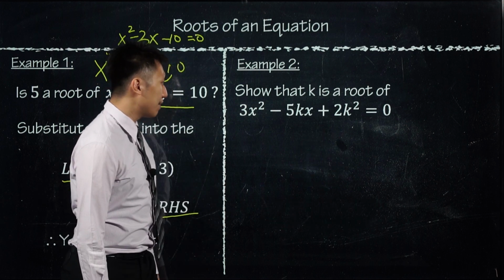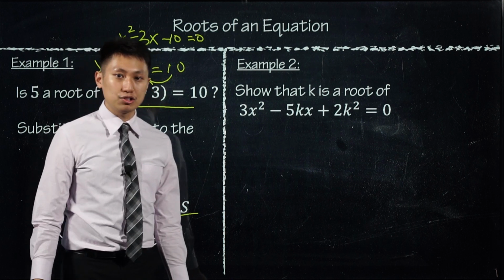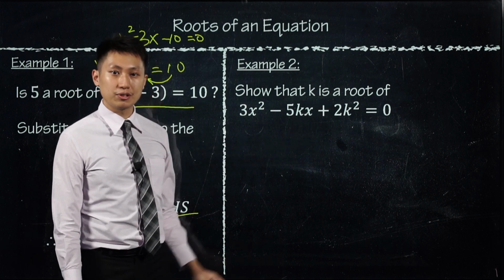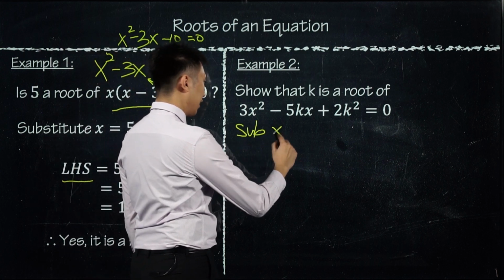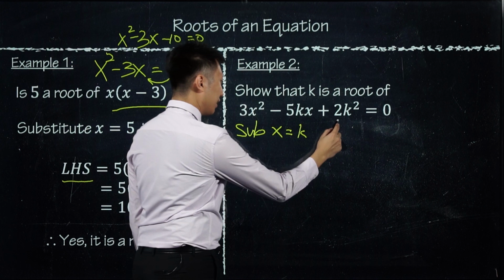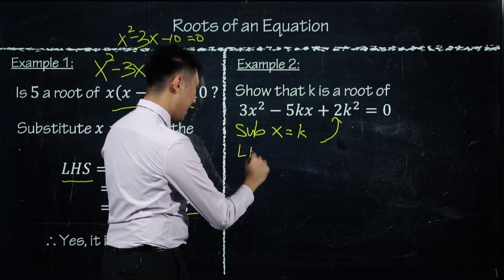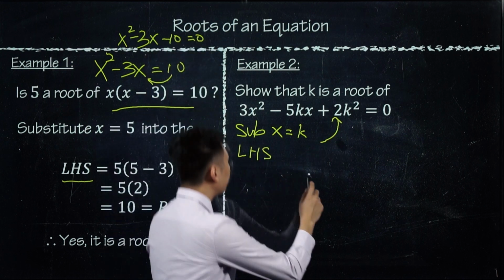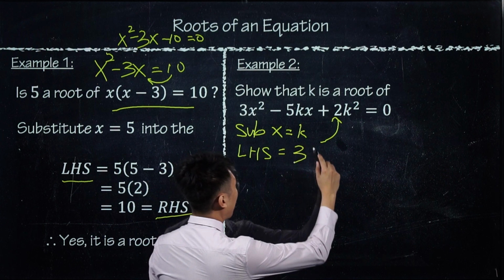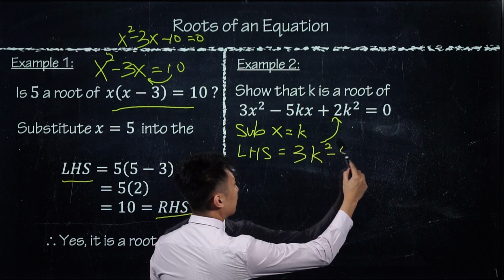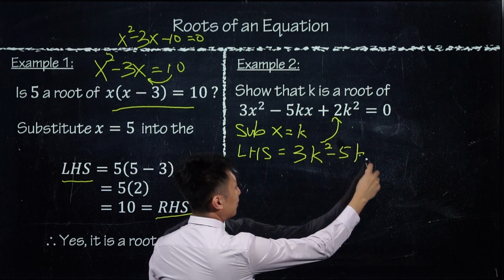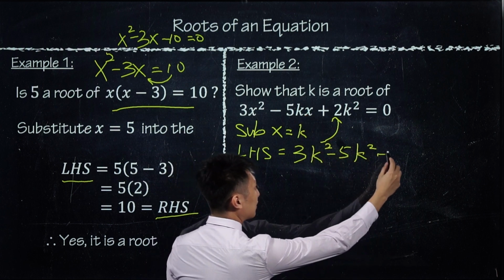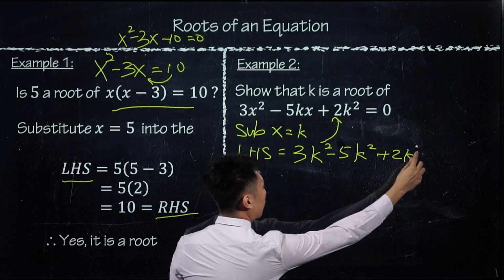Okay, it's my time to show you now. If I want to show that this one is a root, what do I do? I substitute x equals k into here. Then on the left hand side, I get 3k squared minus 5 times k, which is k squared, plus 2k squared.